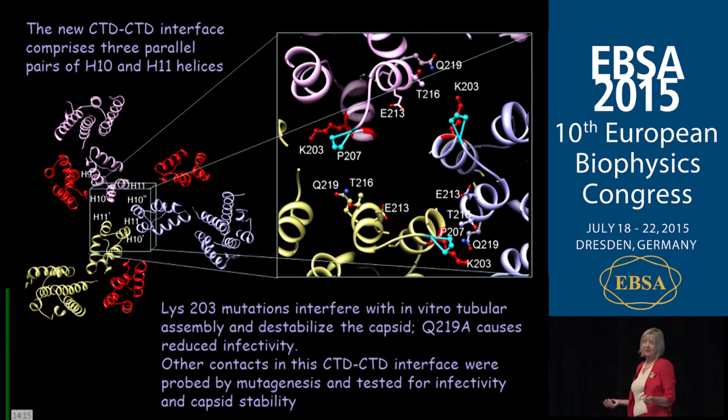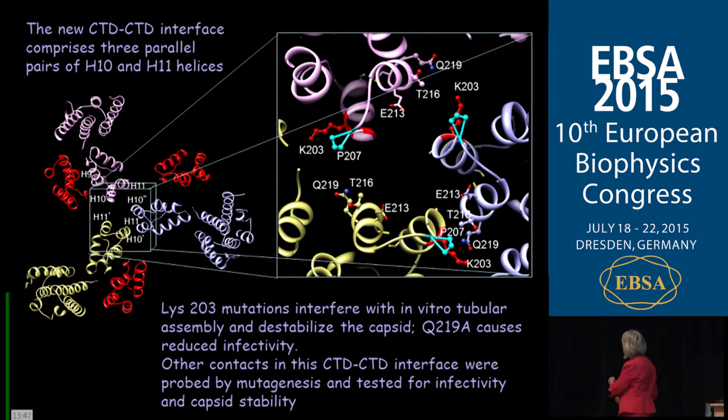Now the cryo-EM structure is not good enough to see side chains there. However, you know in a helical arrangement what kinds of residues would roughly be here at the threefold. And then we looked in the literature whether what we saw there would make sense. In particular, we noticed that lysine 2 or 3 mutations were known to interfere with assembly and that they destabilize the capsid.